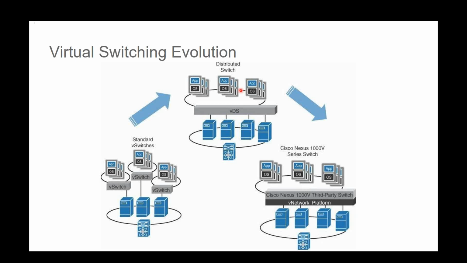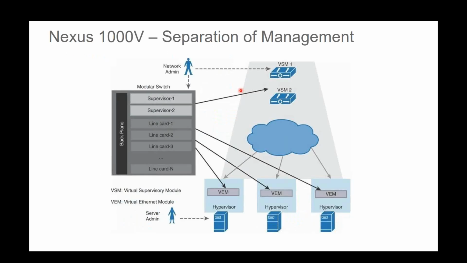Nexus 1000V is the exact same idea, uses the same APIs, but instead of just being managed through vSphere, it is running NX-OS and is generally managed through SSH, like a standard Nexus switch. So the best way to think of the Nexus 1000V is it's a modular switch, like your Nexus 7000, except it's all virtual.